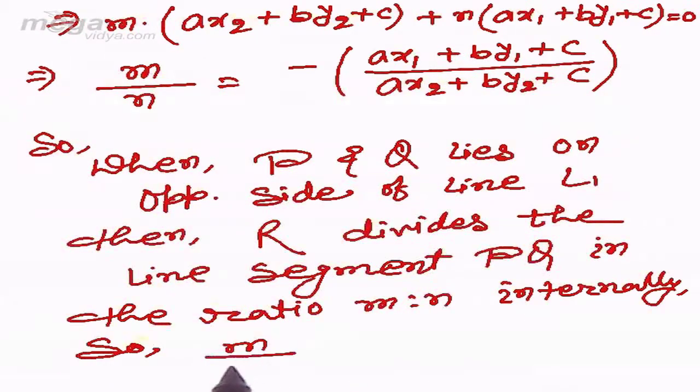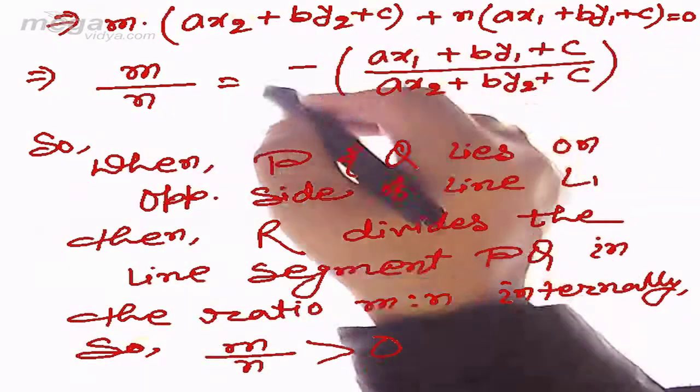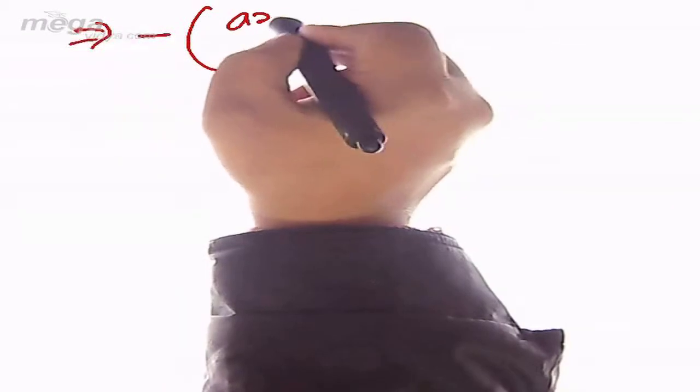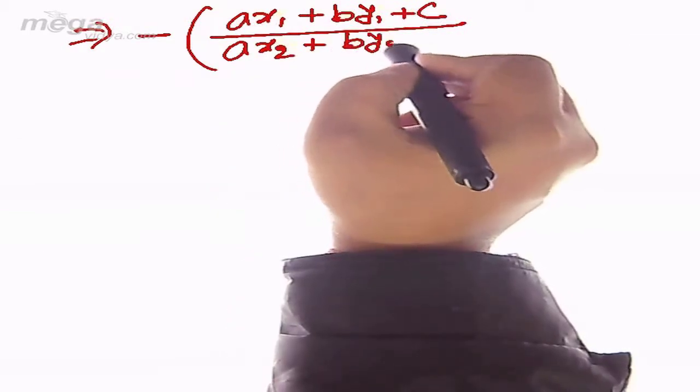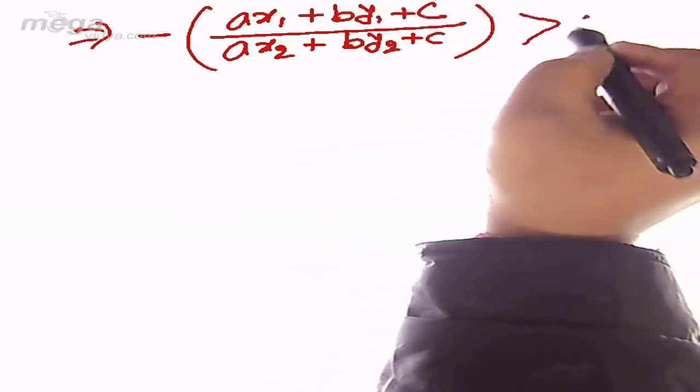So m upon n should be greater than 0, and hence minus (ax1 plus by1 plus c) upon (ax2 plus by2 plus c) should be greater than 0.